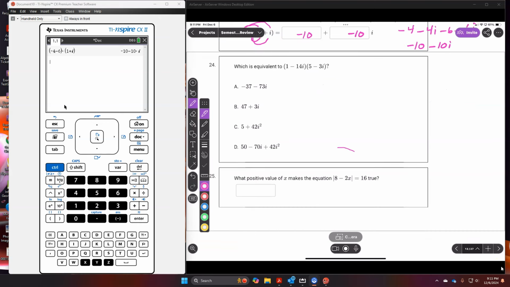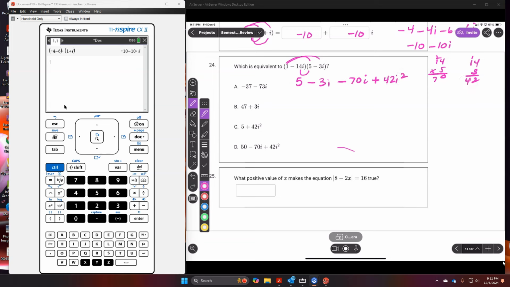24, let's go ahead and work it out. So we have 1 times 5 gives you 5. I'm going to use the FOIL method. 1 times negative 3i gives you negative 3i. Negative 14i times 5 is negative 70i. And then negative 14i times negative 3i, which is positive. So I have 14 times 3 is 42. So you have 42i squared.